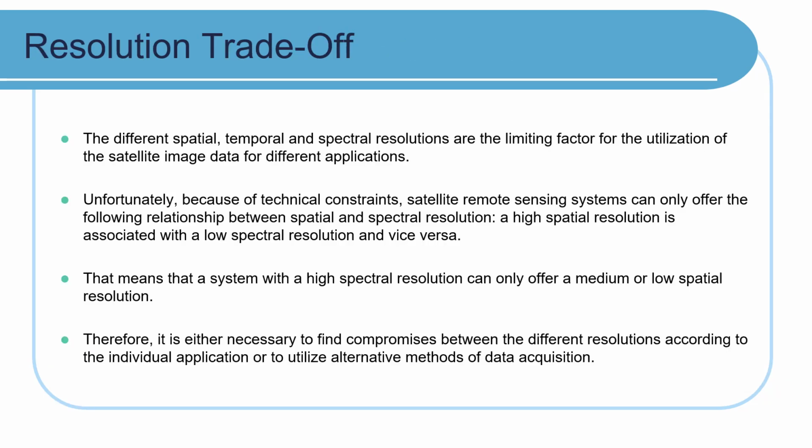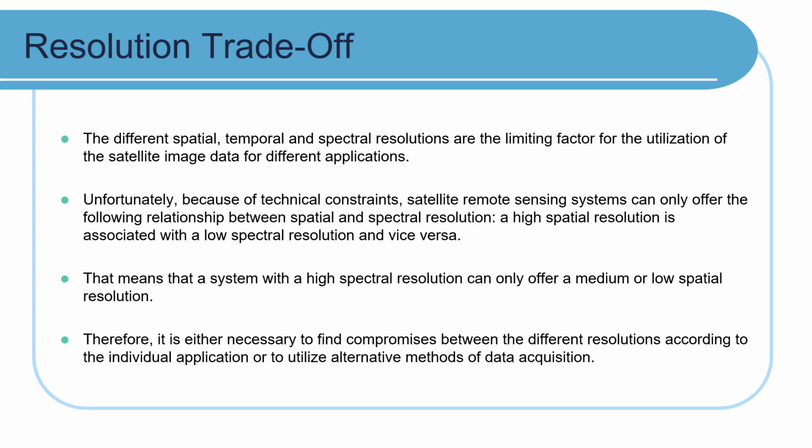With resolution trade-offs, the different spatial, temporal, and spectral resolutions are going to be limiting factors for the utilization of satellite image data for different applications. So it's a trade-off. You always need to decide, do you want spatial, temporal, or spectral resolution as your primary area of interest?